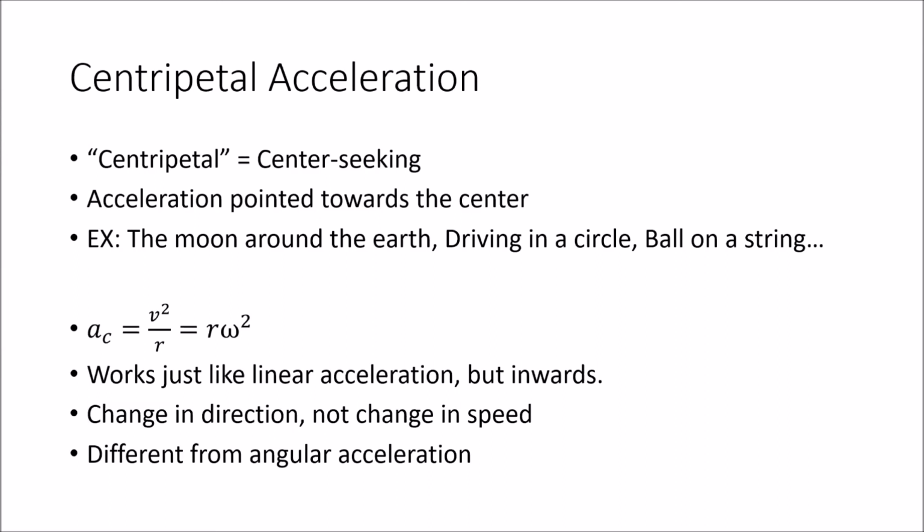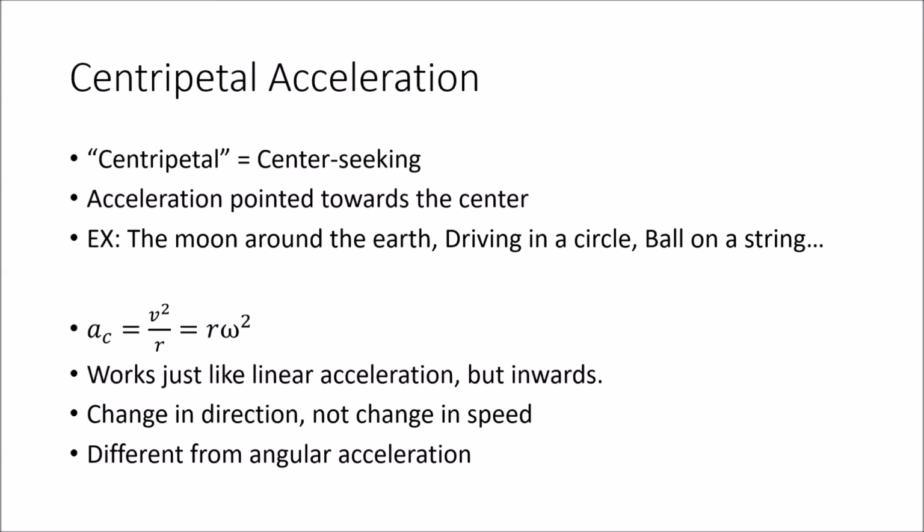If you want to think of gravity as being a centripetal force which induces a centripetal acceleration, think about the moon orbiting the Earth. Now, there's no other forces acting on the moon other than gravity, and so it becomes easier to think about when you've only got the one force that you have to worry about.